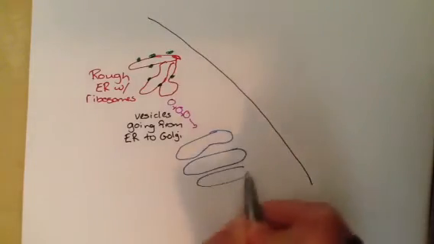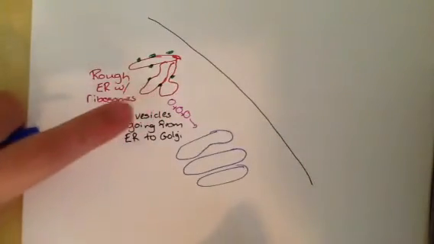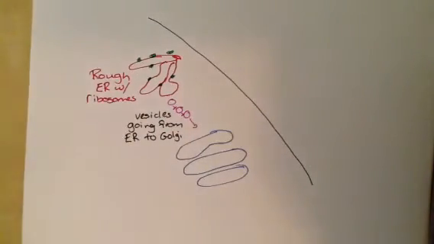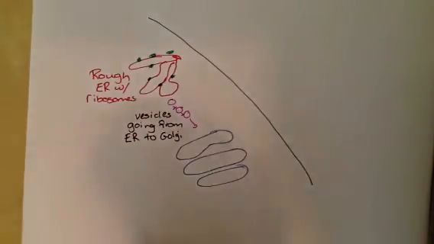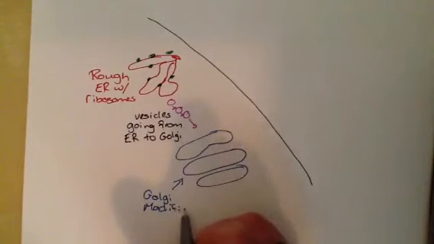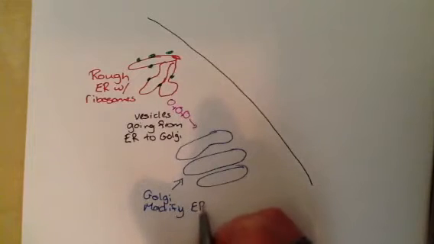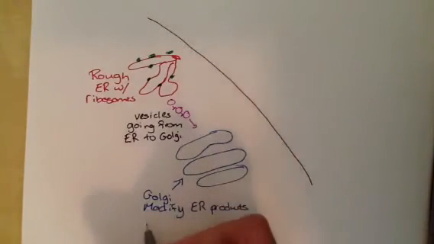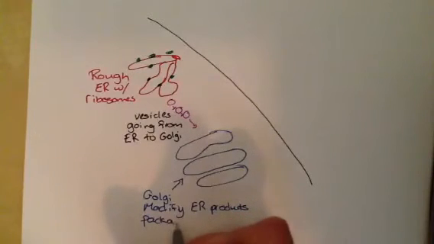So once the protein's made, it's going to get a little bit modified in the ER and folded correctly, and then it's going to go into vesicles over to the Golgi apparatus, where it's going to modify ER products. So it might cut them, it might add pieces together, and it's going to package the proteins.